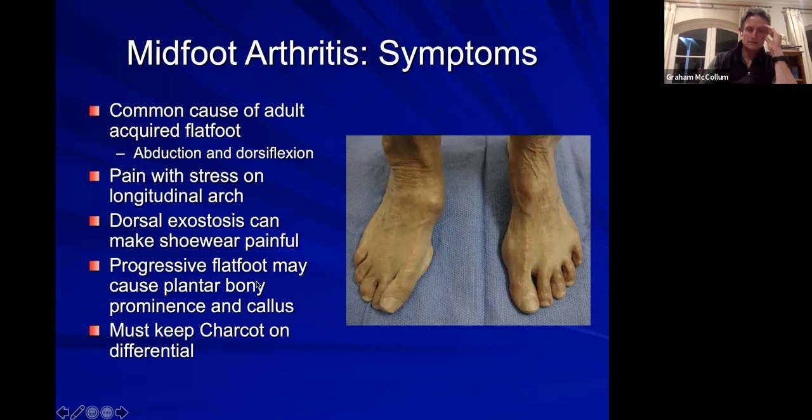And certainly in diabetics, consider a neuroarthropathy as a cause, but this is one of the main reasons. Probably the second most common cause of an acquired flat foot. The most common, obviously, being attenuation of the posterior tibial tendon.